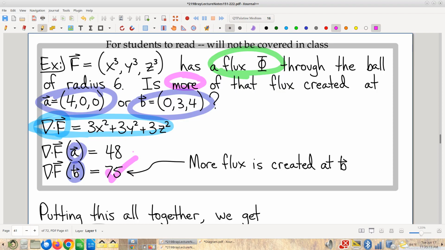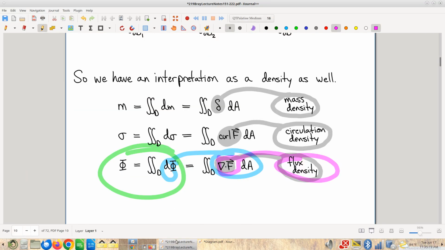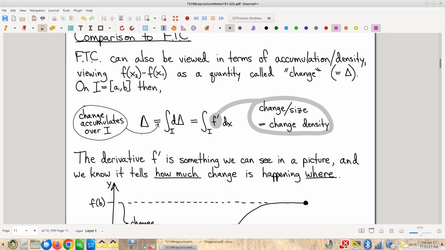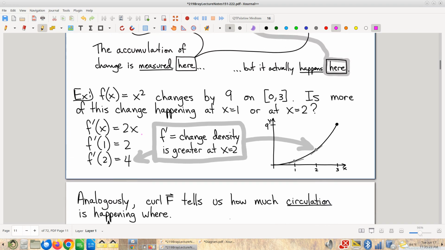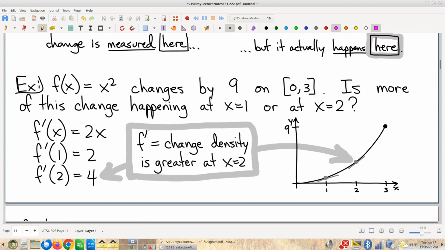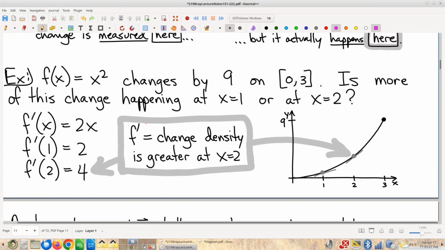Right? It's totally like this example that we did back in chapter 6, this example right here. And the function is changing. There's a total change between the starting point and the ending point. And the density algebraically tells us where there's more of that stuff happening, in this case change.